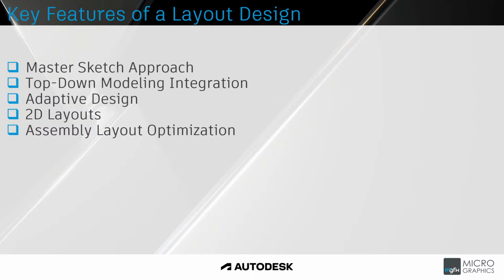Assembly layout optimization. Now what this actually entails is, before you commit to detailed modeling, you can evaluate the layout for clearances, motion and fit, and adjustments can be made quickly without the overhead of modifying detailed models.